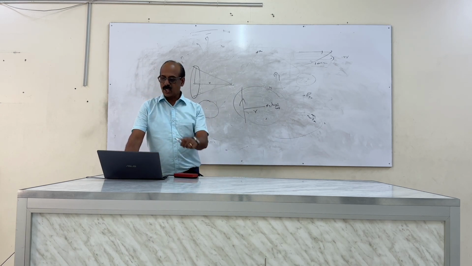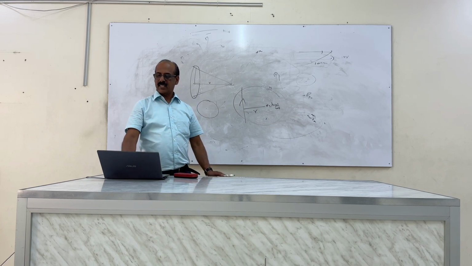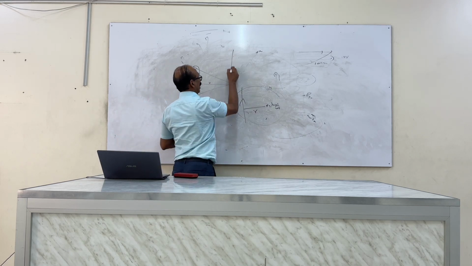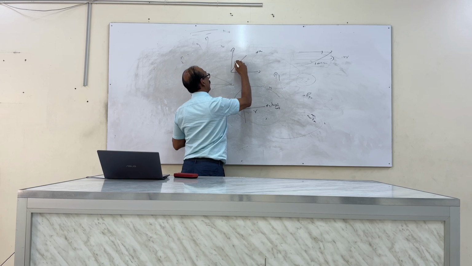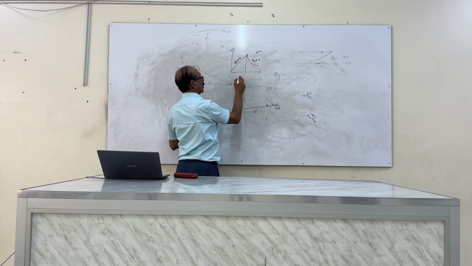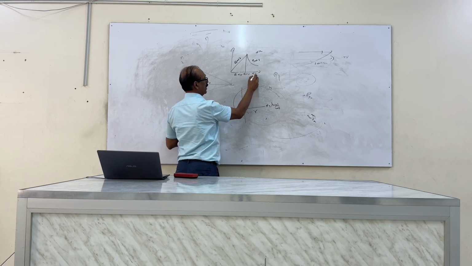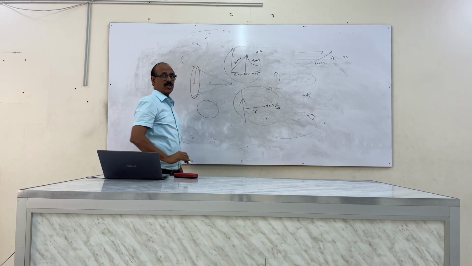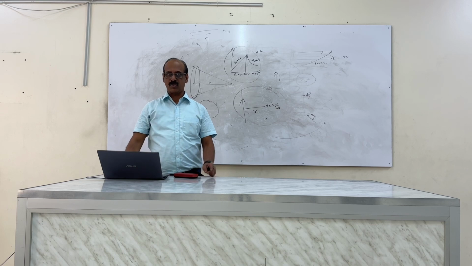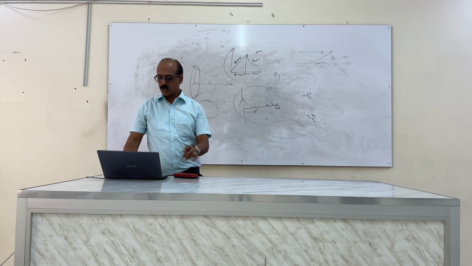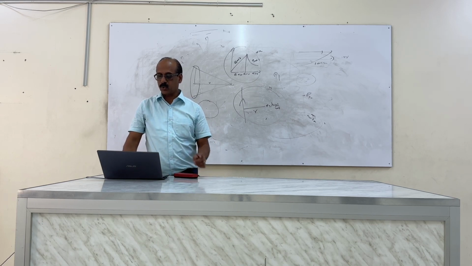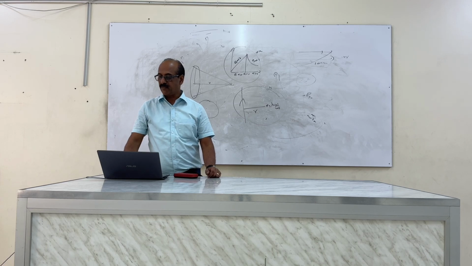There is a solution, and just after that there is a graph like this. Here B is proportional to r and B is inversely proportional to r. Here radius is less than R, radius equal to R, radius greater than R. Based on this, repeatedly they asked 2-3 times in the previous board papers. So you have to go through page number 149 and 150.